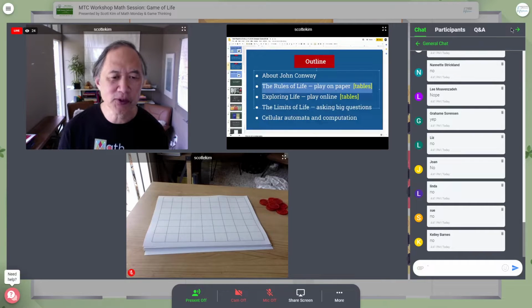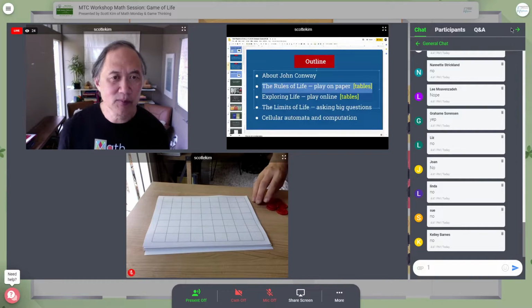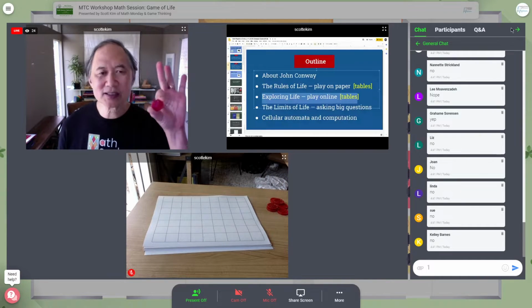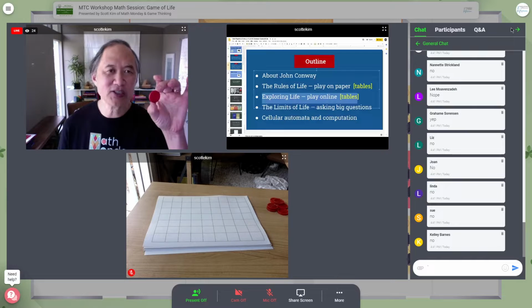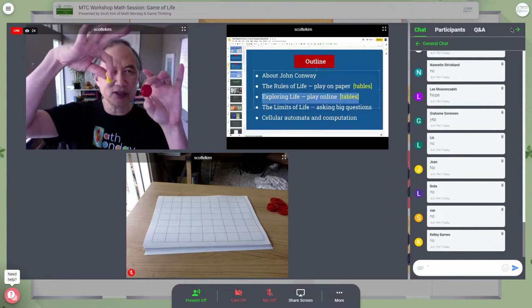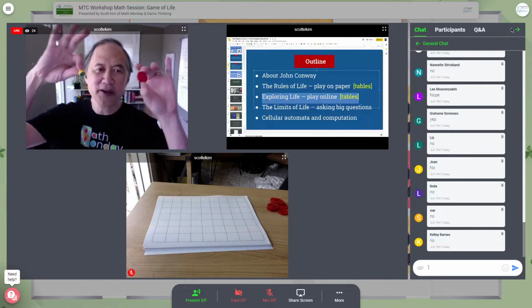So for that, you will need a piece of paper, a pen, and some markers. You basically need checkers and some little objects to put on the checkers. I'm going to use these pawns, but you could use beans or something like that.